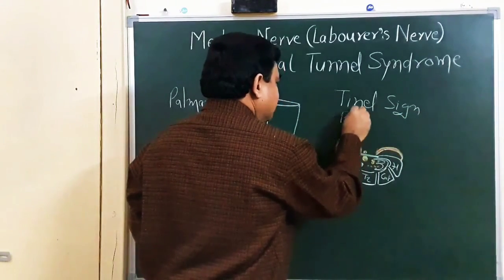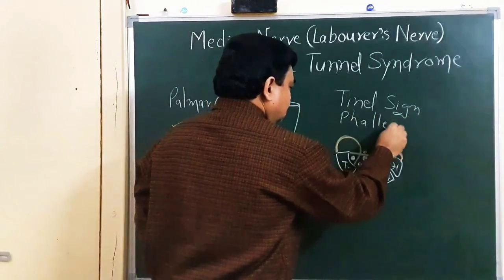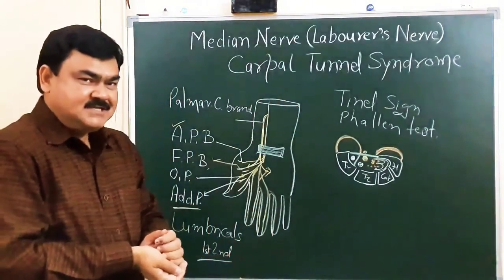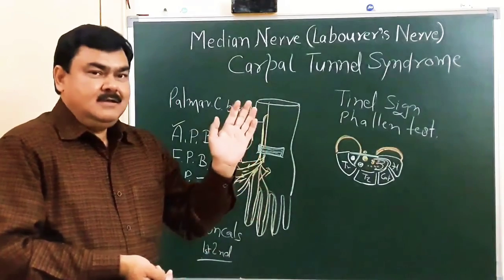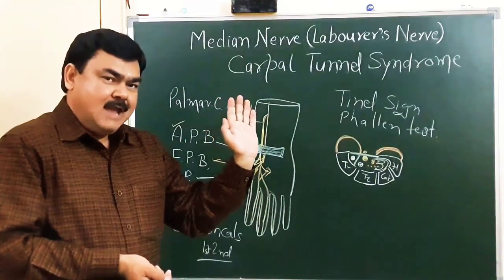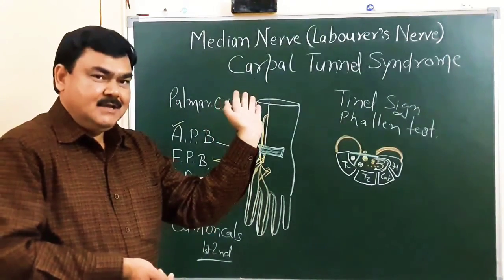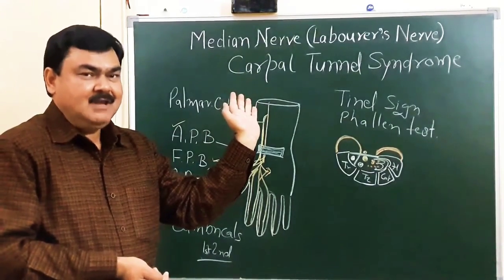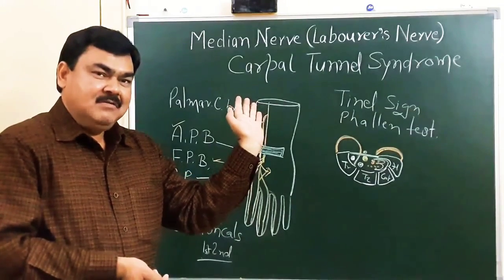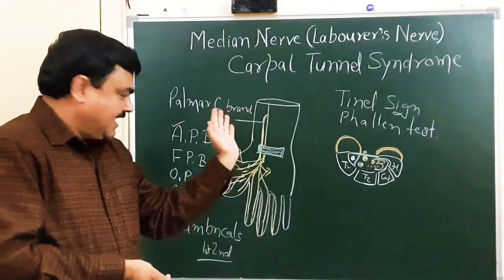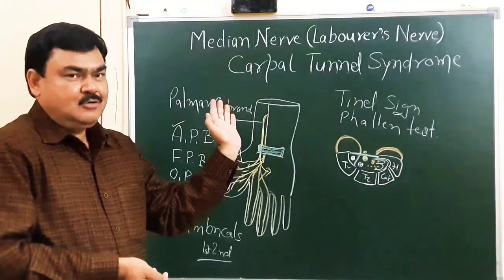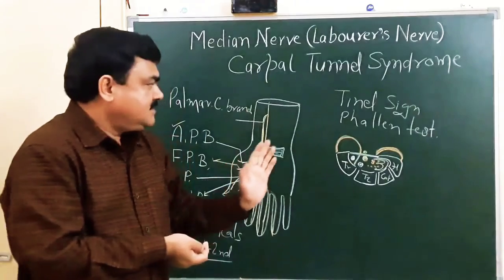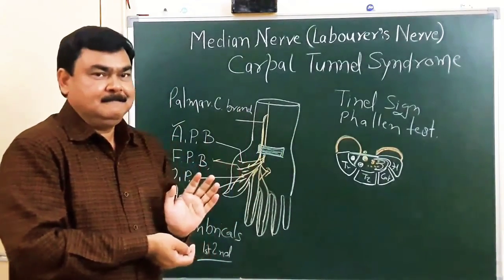And there is Phalen test. In this test, with hyperextension of the wrist for 1 minute, the patient feels aggravation of pain and paresthesia due to compression of the median nerve. This is Phalen test.